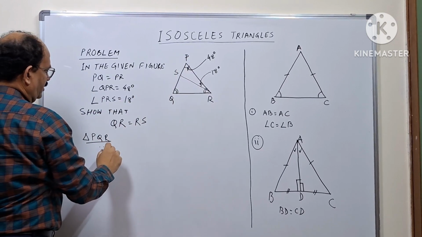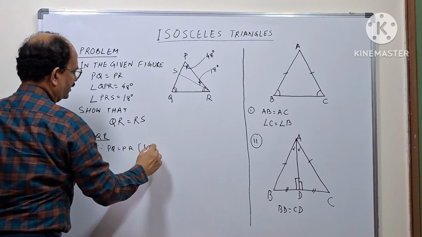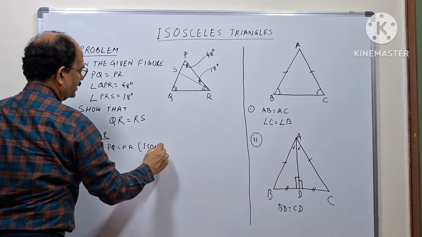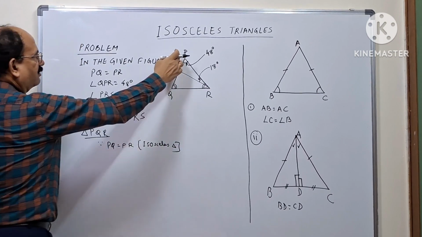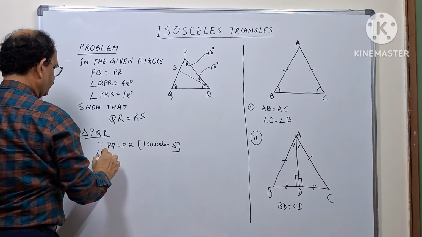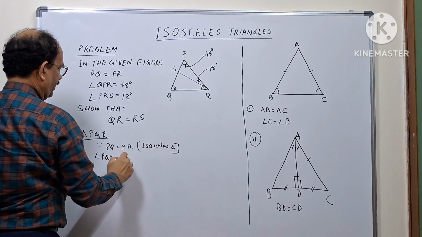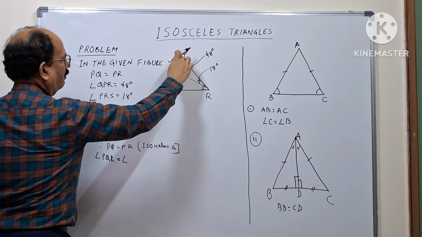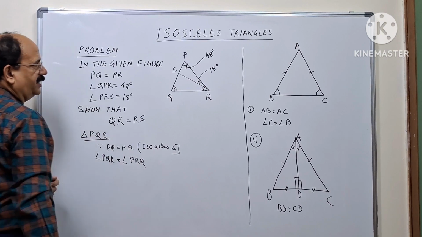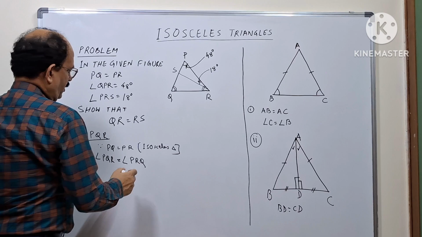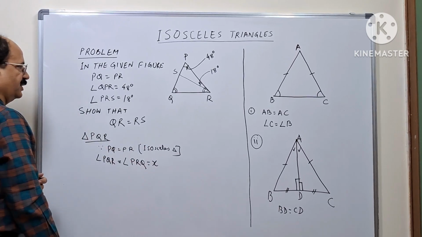So because PQ is equal to PR, therefore this is an isosceles triangle, and by virtue of that, this angle PQR, opposite to PR, will be equal to angle PRQ, right? So, and let us assume that this is equal to X.